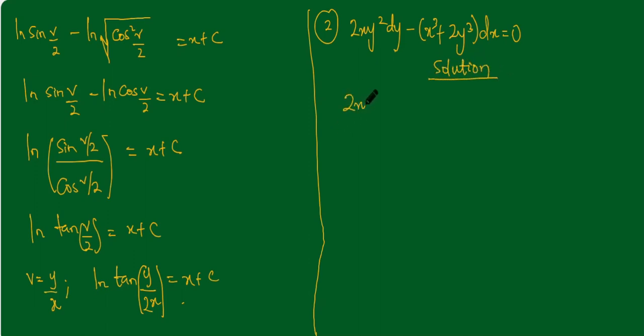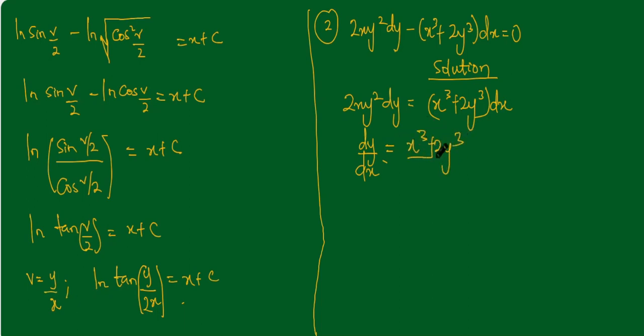So we have our 2xy squared dy is equal to x cubed plus 2y cubed dx. You can make dy dx the subject of the formula such that dy dx now becomes x cubed plus 2y cubed divided by 2xy squared.